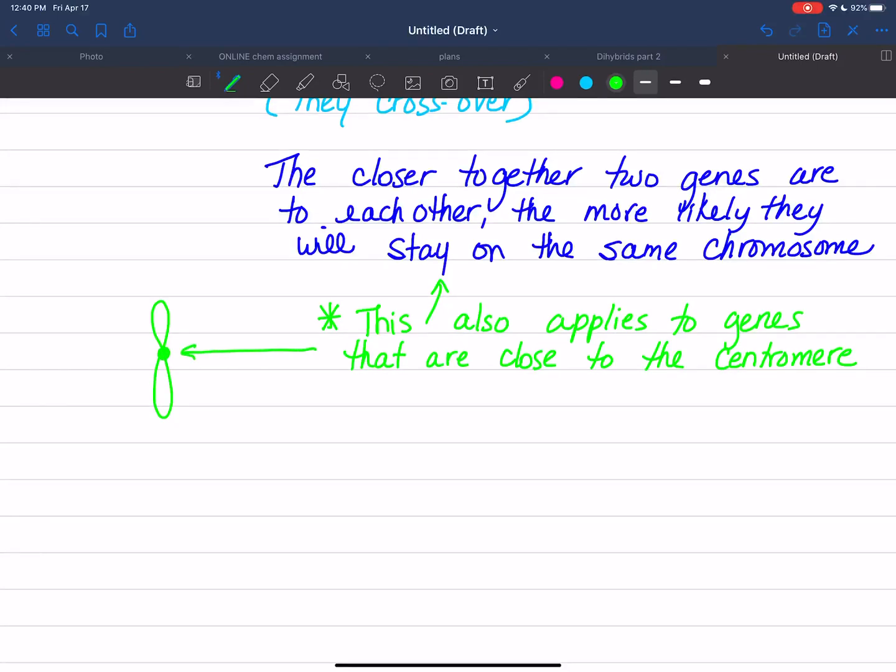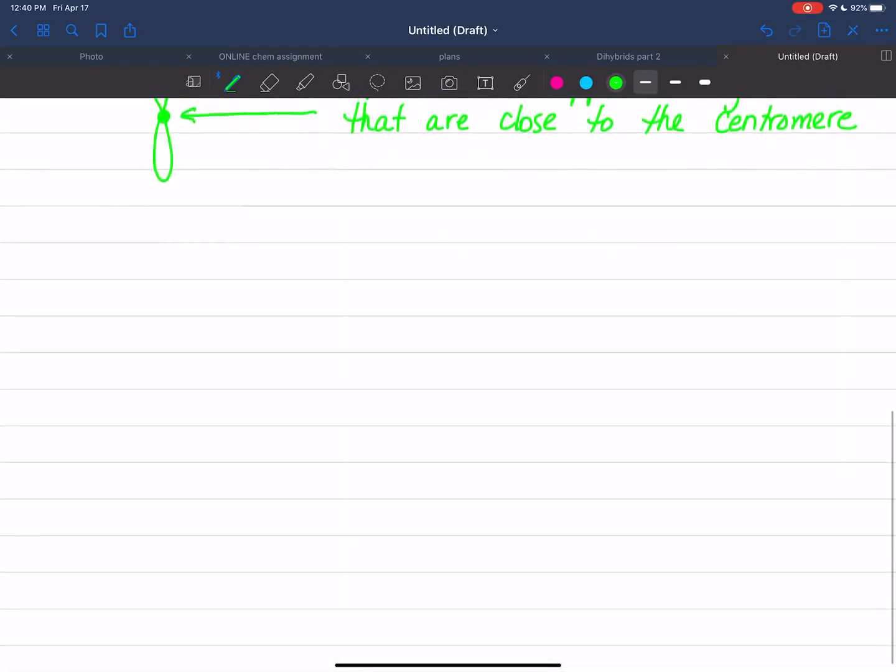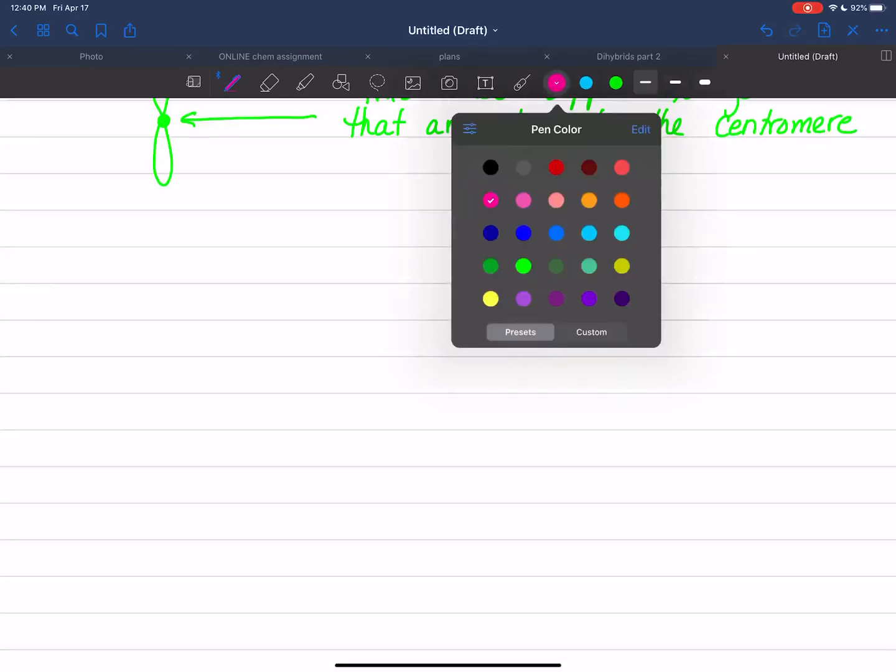And remember that we said that that's a section of DNA that is really, really tightly wound. We have it tightly wound because that's a section of DNA that we don't want to break. So the closer that gene is to that centromere, the more stable that DNA is. It's not going to break off and end up on a different chromosome. It's going to stay put. So that thing of not crossing over or staying on the same chromosome is also valid for those genes that are really close to the centromere, because chances are that centromere won't break apart and end up on a different chromosome.